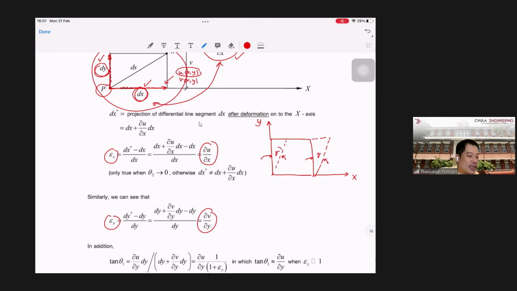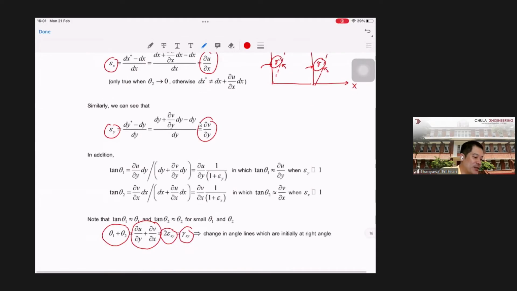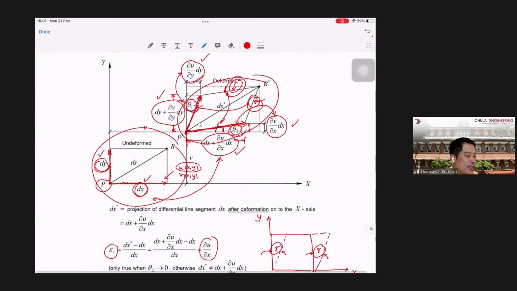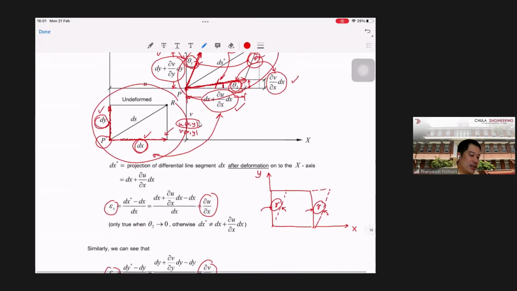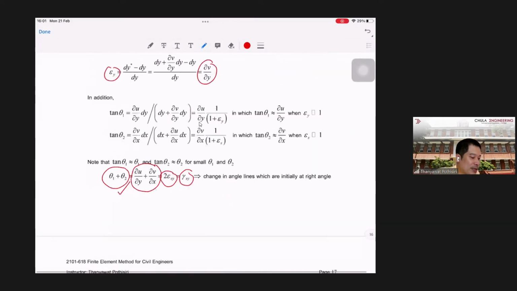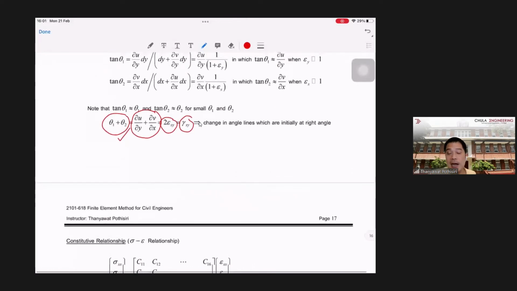So this change in angle is comparable to the summation of this theta 1 and theta 2, if you compare with this shape right here. All right. So those are the strain components.